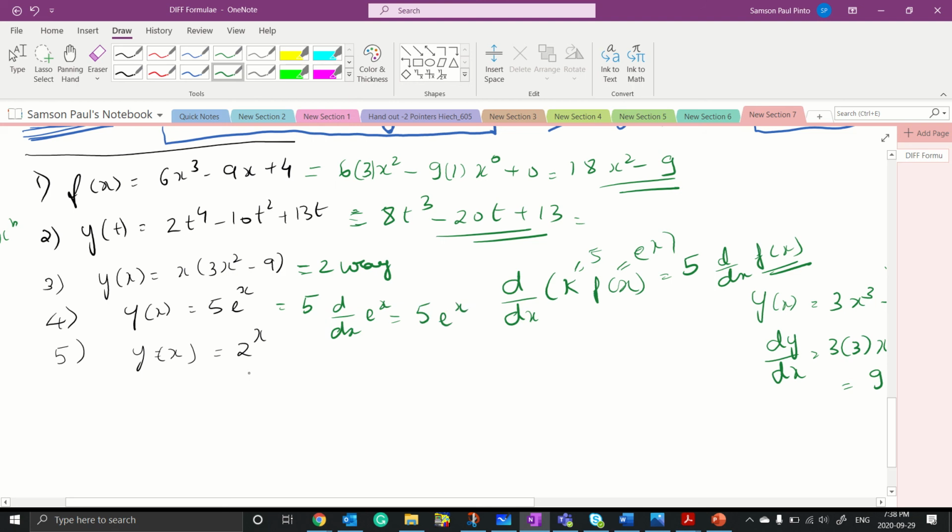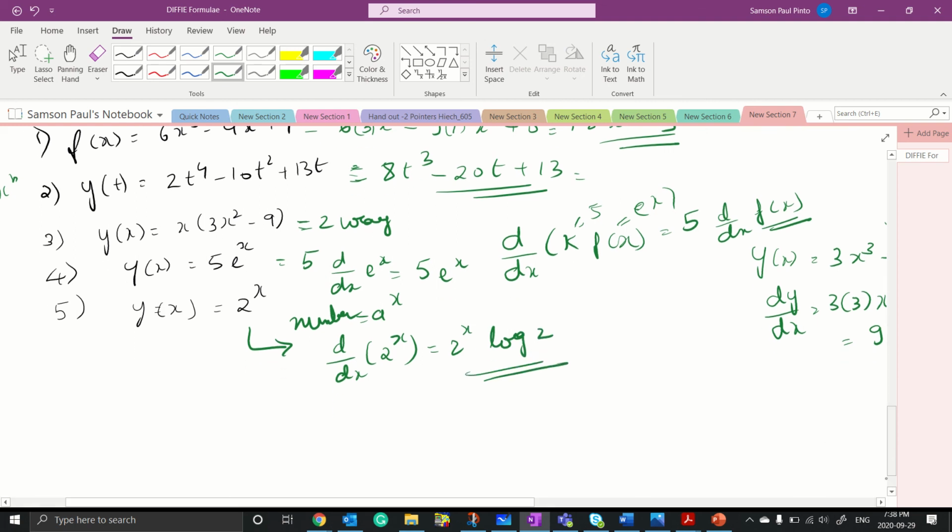My last problem is d by dx of 2 power x. 2 power x is essentially a power x, and I told you a may be any number. This is directly 2 power x log 2.